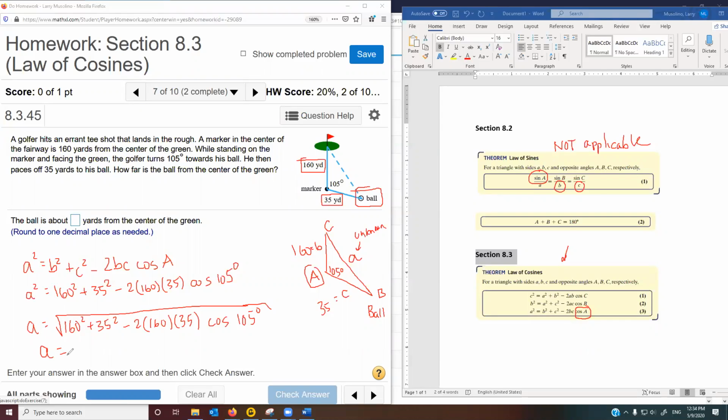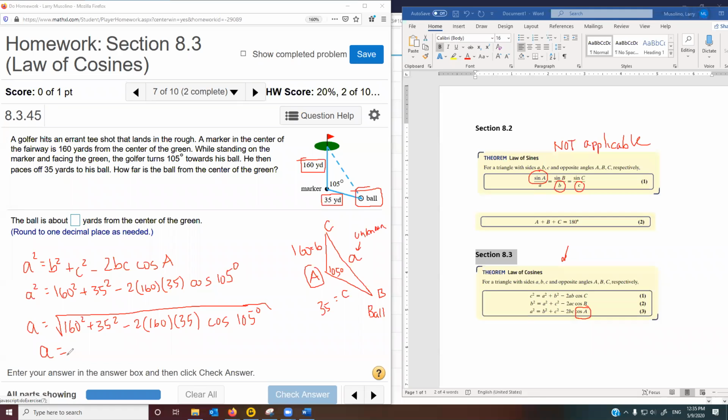And again, folks, notice we tried to use law of sines in this example, but we weren't able to. So we went to law of cosines, and then we decided to use formula number 3 because that formula involved angle A, which is the angle we were given in this problem.